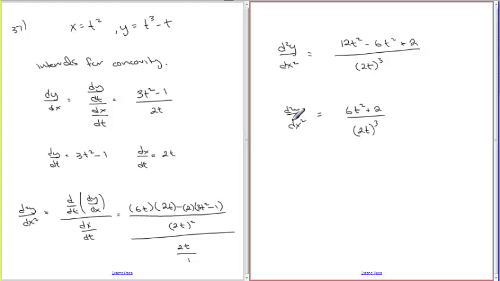Okay, so we could find points of inflection, where this actually goes to 0, but it turns out that because we have a positive here, we wouldn't have any real roots. Because if we set this equal to 0, we subtract 2 from both sides, we have 6t squared is equal to negative 2.